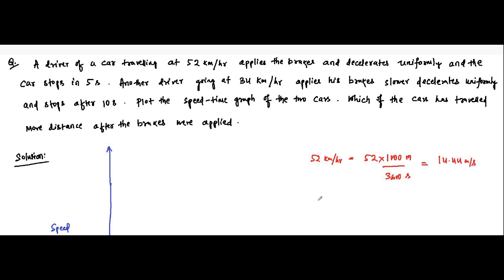And 34 kilometers per hour in the same way, 34 into 1000 by 3600 meters per second, is coming around 9.44 meters per second. Okay, so we will mark the points respectively like that.